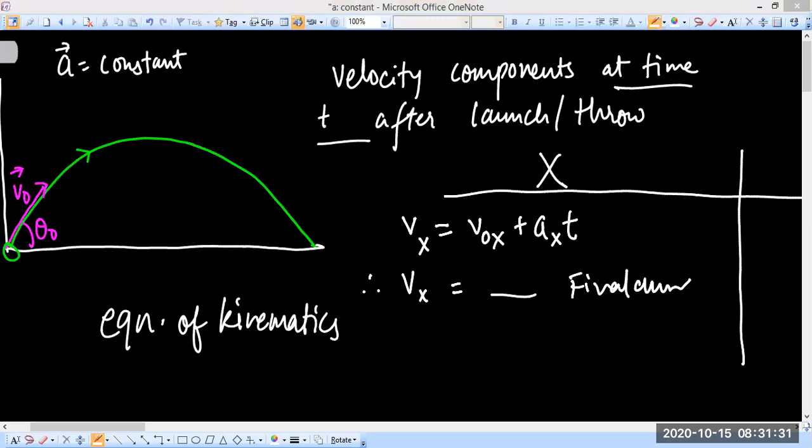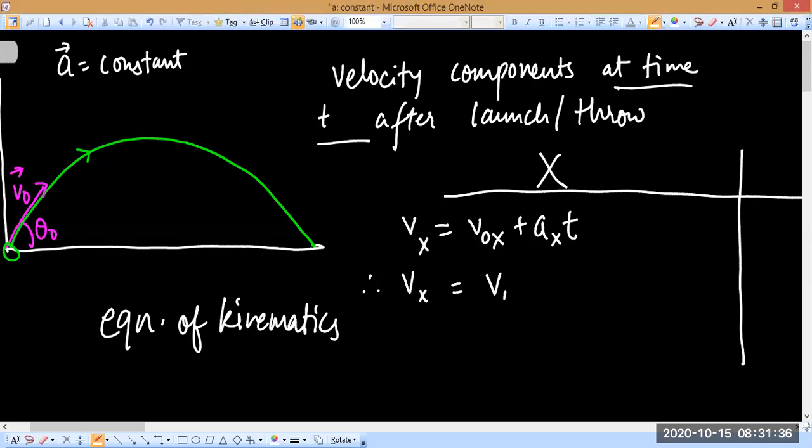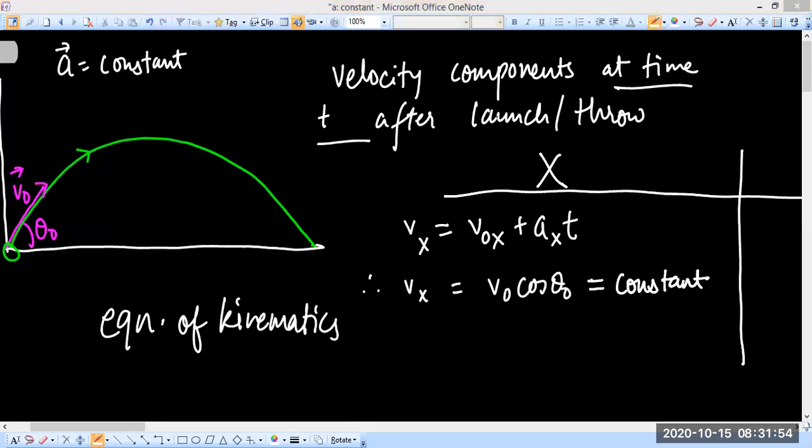Yes, the final answer is going to be v0 cos theta 0, right? Not capital. Yeah, v0 cos theta 0. Okay, that's it. And do you see that this is actually a constant? It does not depend on time. This is actually a constant. It does not depend on time, right?